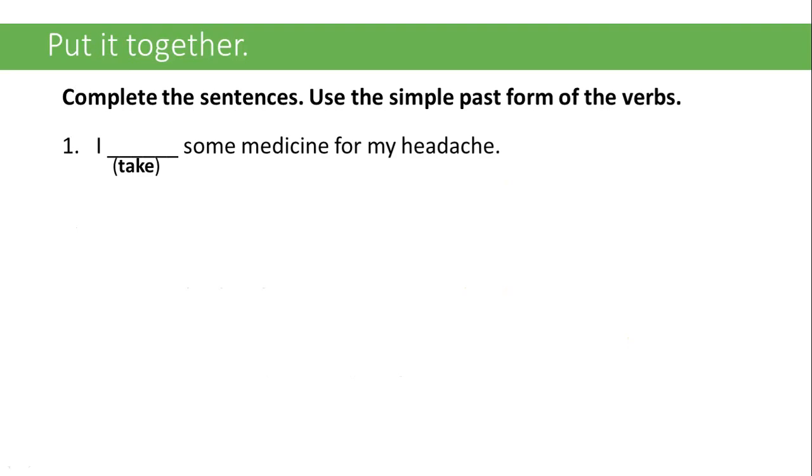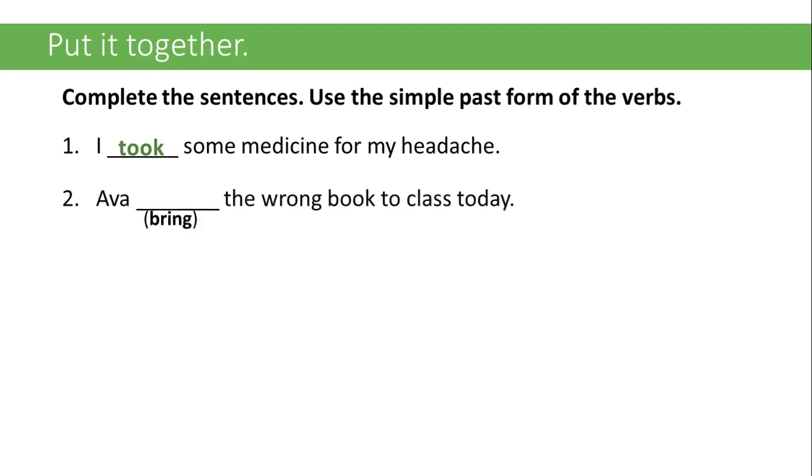How about this? I blah, blah, blah some medicine for my headache? Yeah, I took. How about you? Ava, the wrong book to class today. What is the second verb of bring? Yes, brought. Correct. Next. Zach, blah, blah, blah, last night.